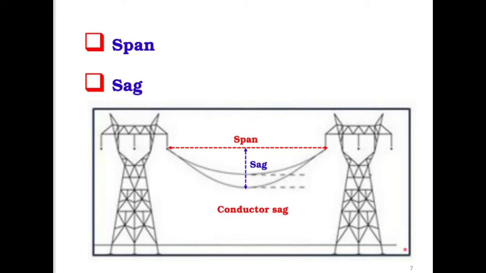The reason is that we assume the conductor weight is uniformly distributed. Does it make sense? If you distribute your weight uniformly along the length of the conductor or along the span, then you will have a sag or lowest point at the middle point of the span. Is that clear?